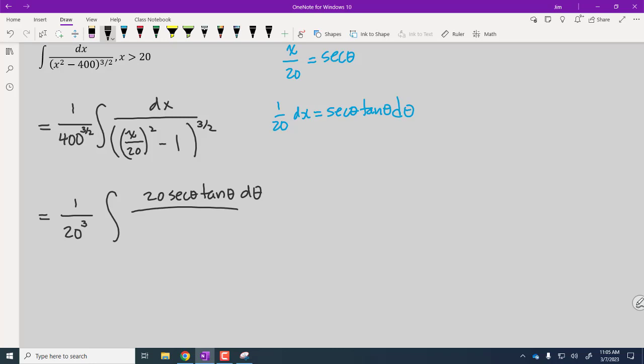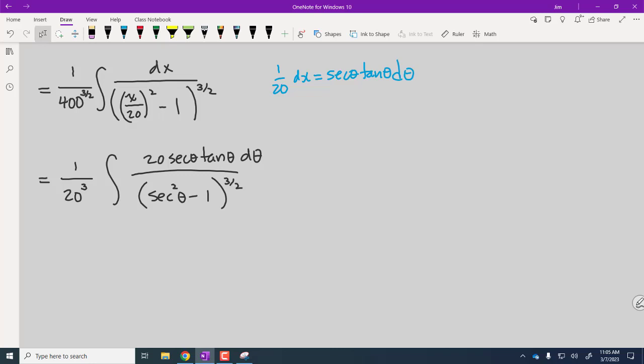In the denominator, we have secant squared minus 1, all raised to the 3 halves power. And what is secant squared minus 1? Tangent squared.